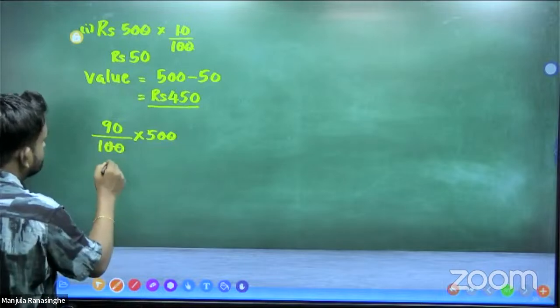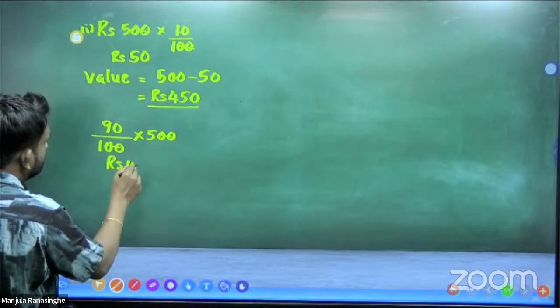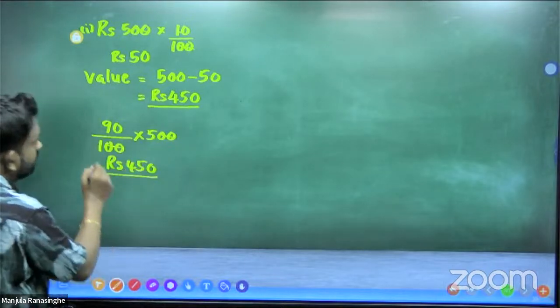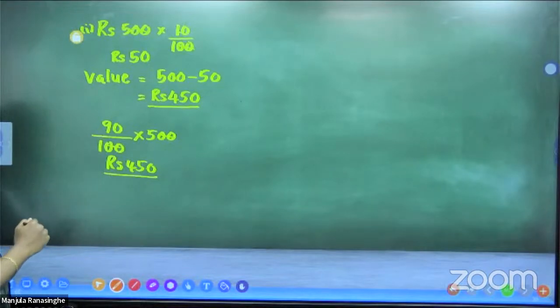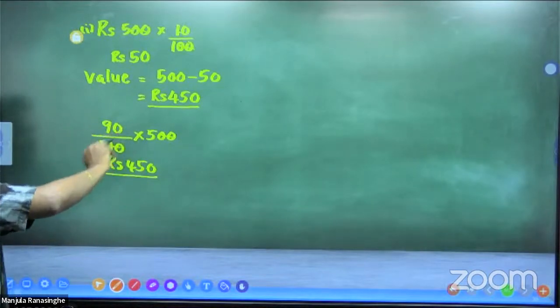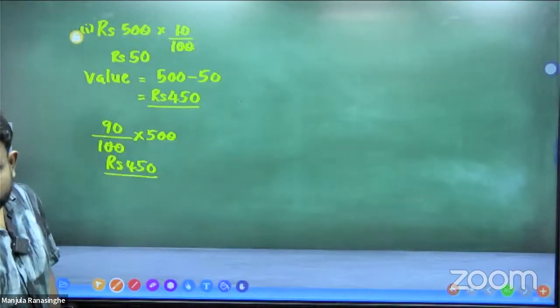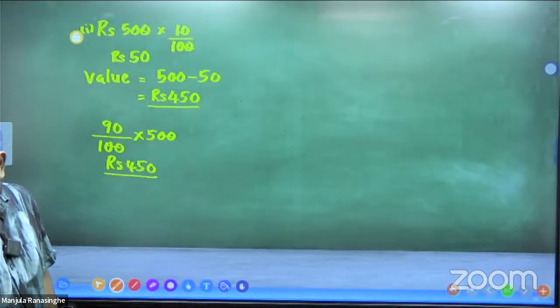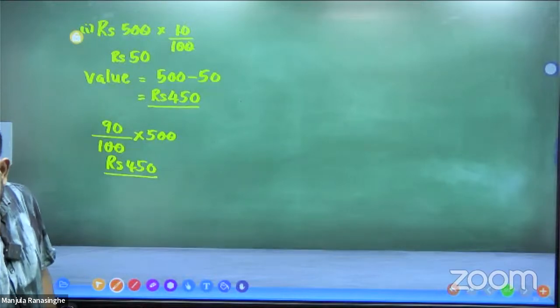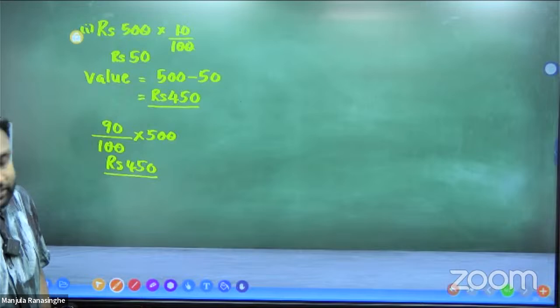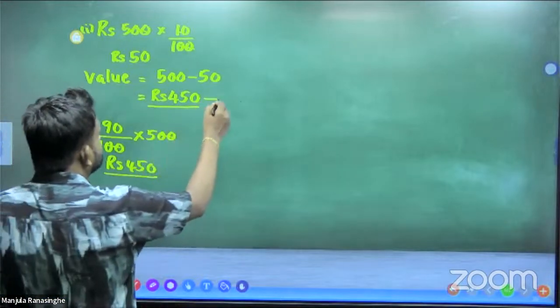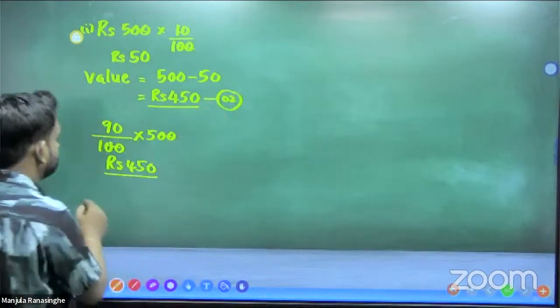Here you can simplify and get the same answer, rupees 450. Here, in one shot without discount calculation, the price we are paying for the good is found. Okay, right. Then part 2 says... okay, right. So the marks for that part is 2, right? One method is acceptable, whichever one method.